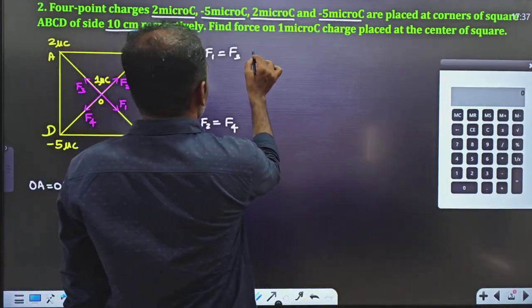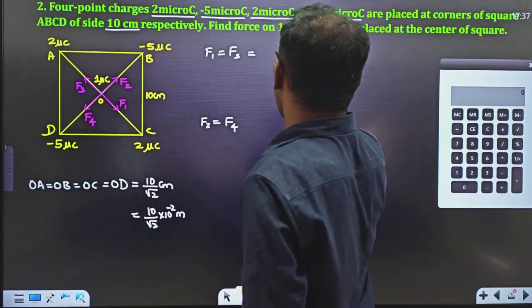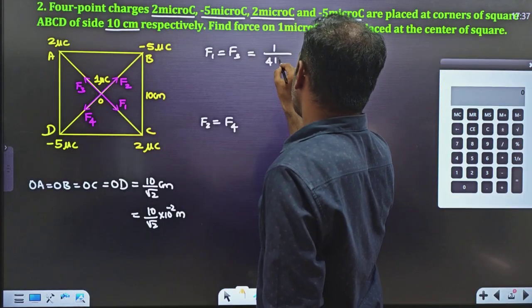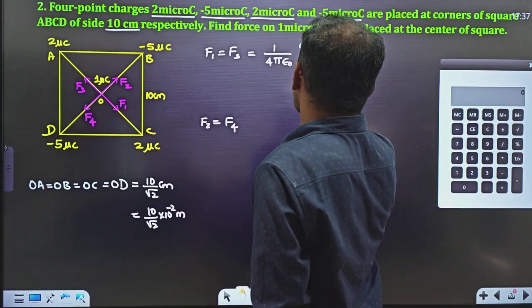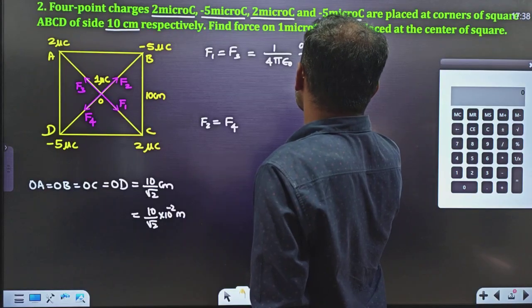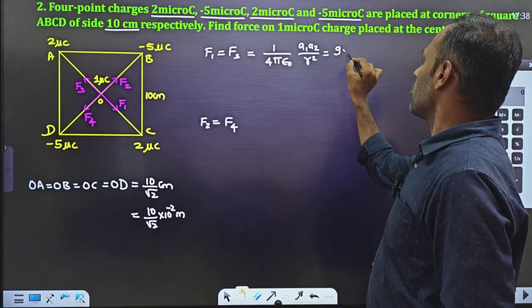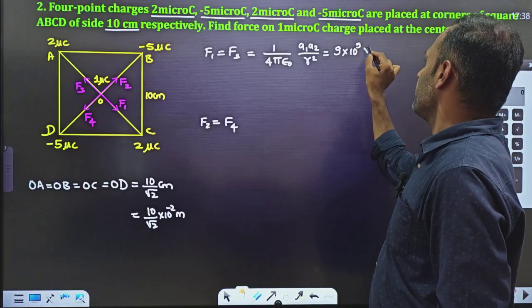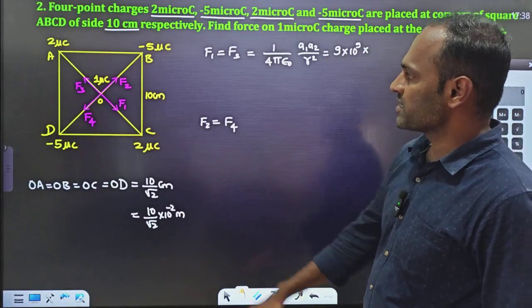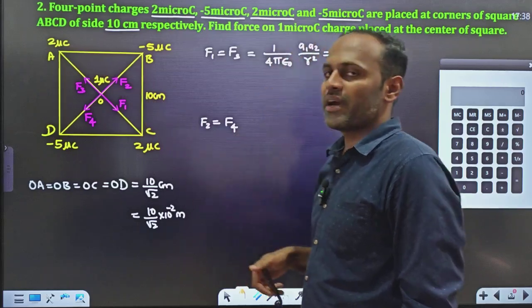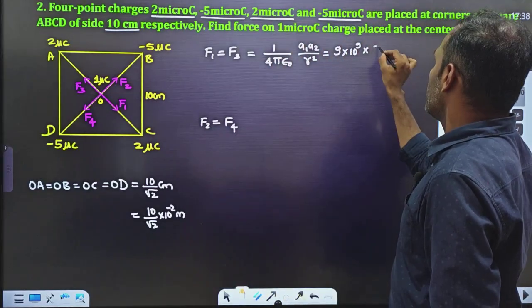Now calculate F1 and F3. First write the formula. Formula is 1 divided by 4 pi epsilon naught into Q1 into Q2 divided by R square. Correct? Next, 1 by 4 pi epsilon naught means 9 into 10 raised to 9. Q1 into Q2: what is Q1? 2 micro. What is Q2? 1 micro. So 2 into 1 will be 2.